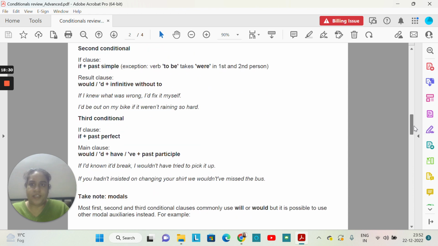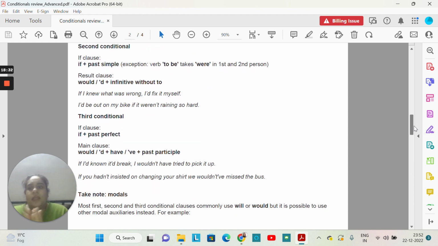Now let's look at the second conditional sentences. Here you'll see there's no when. Here your sentences will be framed only with if. If plus simple past tense. That's it. The result clause, you will have would or any other modal. Would plus infinitive. You will not add to it. Just the base form of the verb.